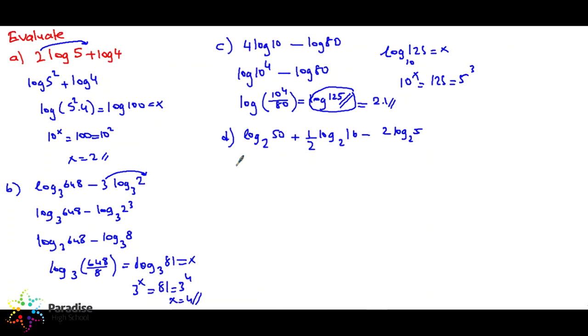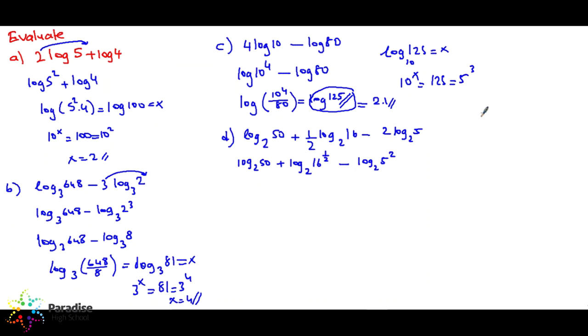Okay, here, what am I going to do? All the logarithms are base 2. I can contract them, but we have coefficients here, so I have to get rid of those coefficients first. Then log base 2 of 50 plus log base 2 of 16 to the power of 1/2, minus log base 2 of 5 squared. That comes as the power.